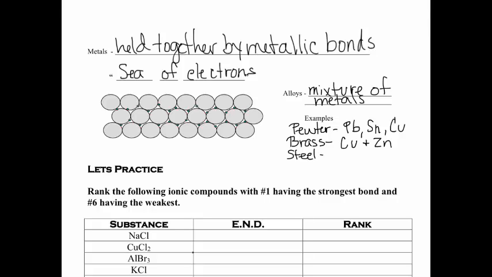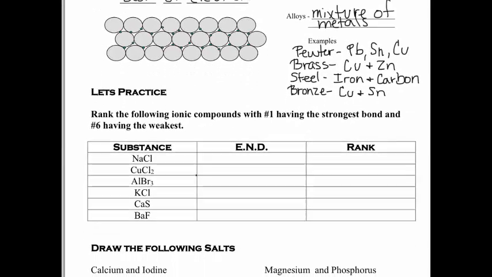Steel is iron and carbon and a couple of other trace metals. Carbon's not actually a metal, but that's what gives it its strength. And another one you've probably talked about in history class is bronze. Bronze is a mixture of copper and tin, also a really awesome tool-making metal.